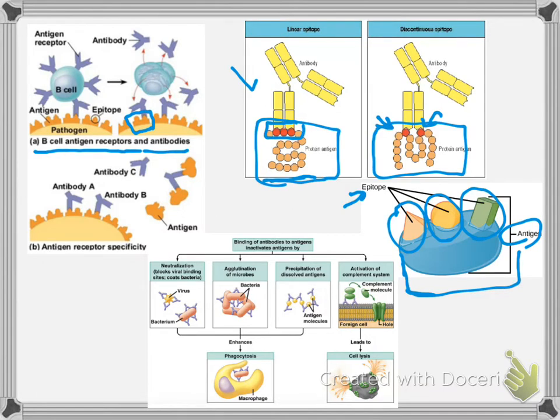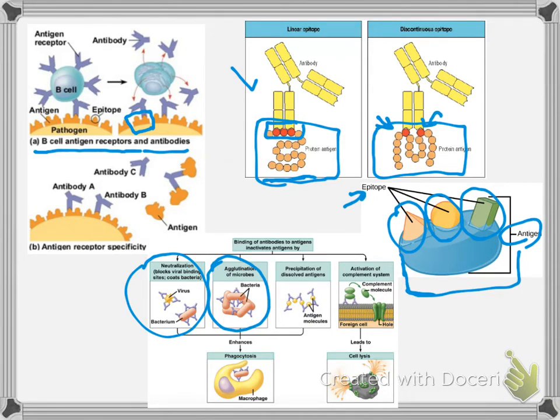And again, these antibodies can help dispose of the antigen by either neutralization, right? That's where the antibodies bind to the viral surface proteins, and they can help prevent infection of the host cells. And then there's opsonization, where antibodies bind to the antigens on bacteria that are present, and they call over macrophages to help increase phagocytosis.